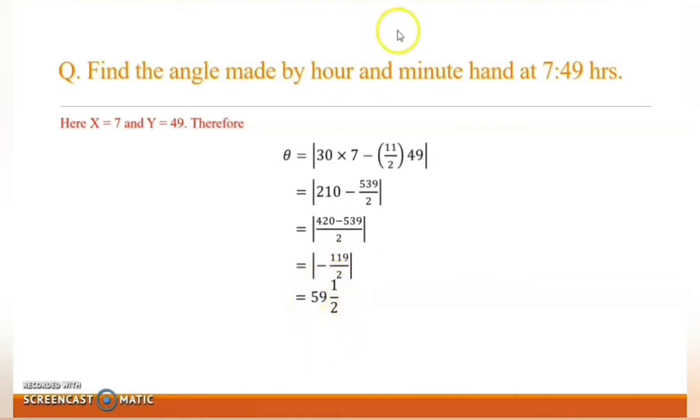Therefore the angle between the two hands when the clock shows the time 7 hours and 49 minutes is 59 and half degrees. This problem is similar to the previous one. The only difference here is there is a minus sign appearing here which disappears on taking this modulus. And the rest of the steps are exactly as the previous one.